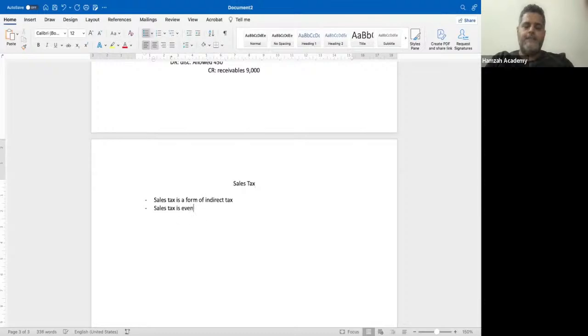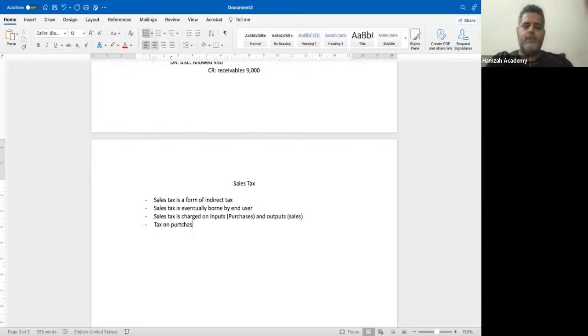Sales tax is eventually borne by the end user. Sales tax is charged on inputs, that is purchases, and outputs, that is sales.